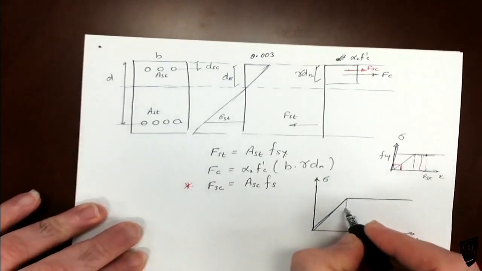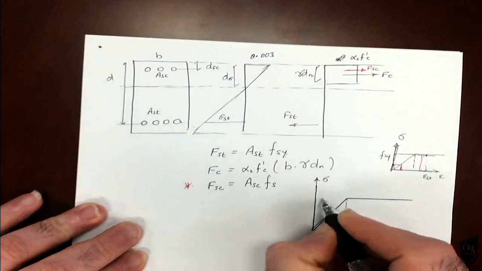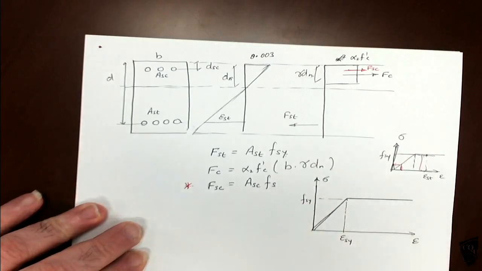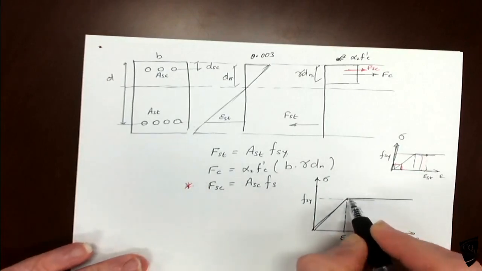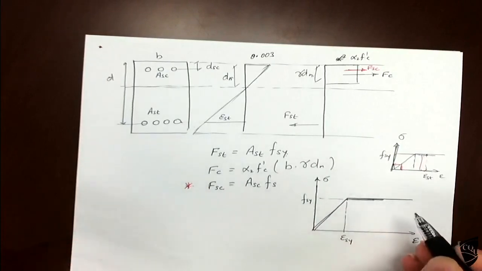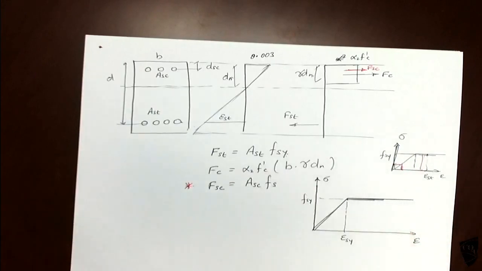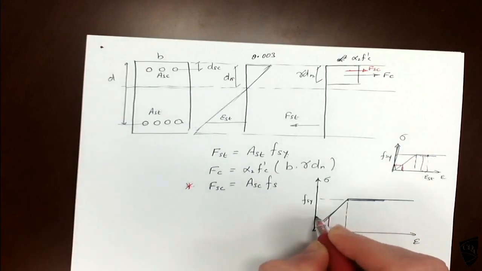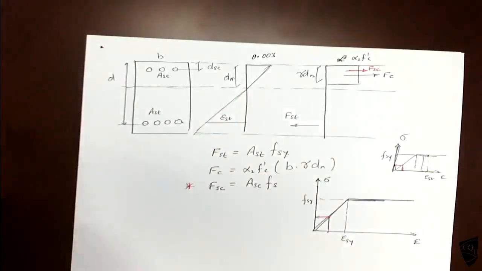So this is the yielding strain and this is the yielding stress. So if the steel strain reaches the yielding point or beyond that, then the stress is equal to Fsy. If the strain is somewhere here, then stress will be this one. Okay, so we need to know the strain.